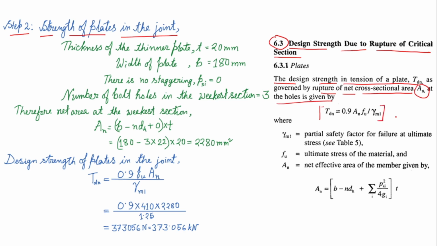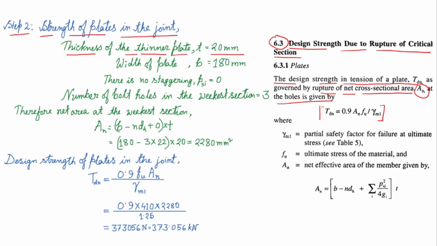So before using the formula, we have to note down some of the data. Here the thickness of the thinner plate is 20 mm. In this case, both the plates which are connected by lap joint are 20 mm.